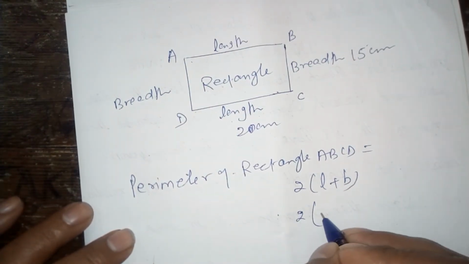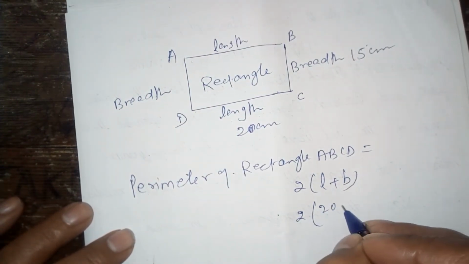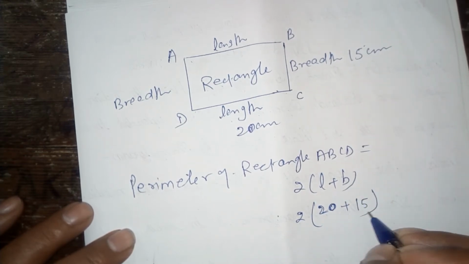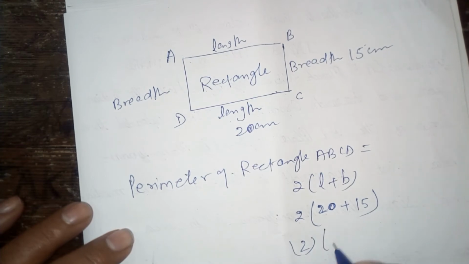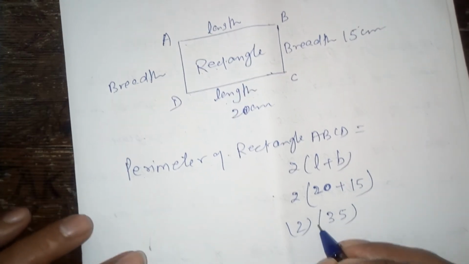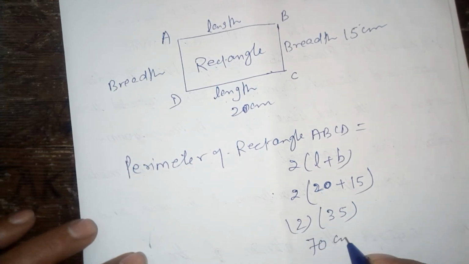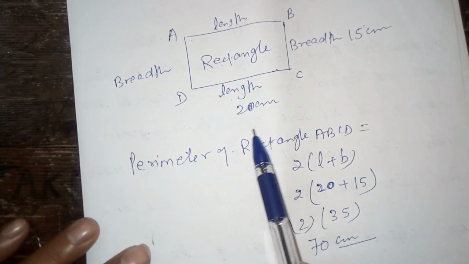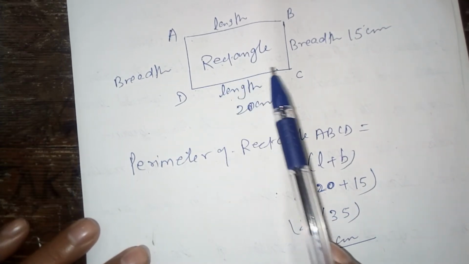In this figure length is 20 and breadth is 15. 20 plus 15 will give you 35. 35 times 2 is 70 centimeter. The meaning is 70 centimeter is the perimeter of the given rectangle. Okay.